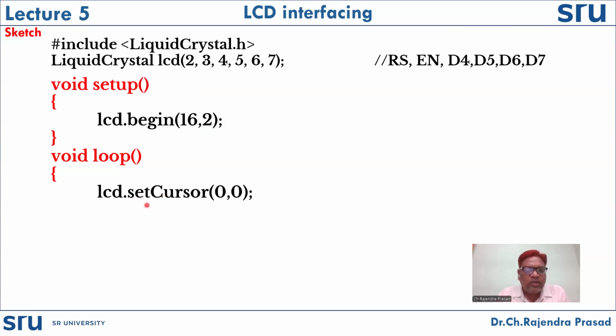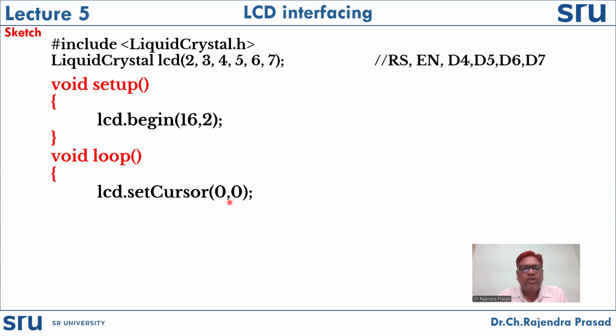Here you can see in setCursor, C is capital, and two parameters are provided. The first parameter represents the position in the line, and the second parameter represents the line number. So 0 means line 0, and this is position 0.